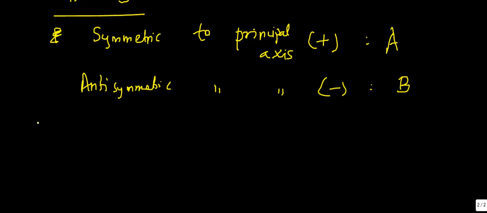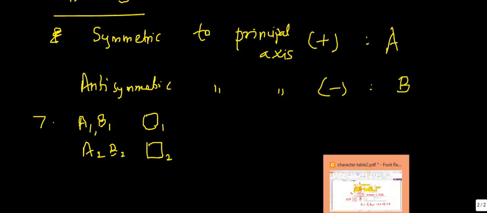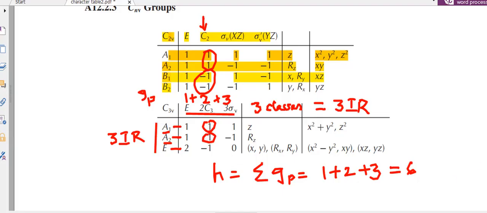Next, we are going to discuss when we will get A1, B1, that is the suffix 1, and when we will get A2, B2, that is the suffix 2. We will go back to the character tables. This also varies from point group to point group.